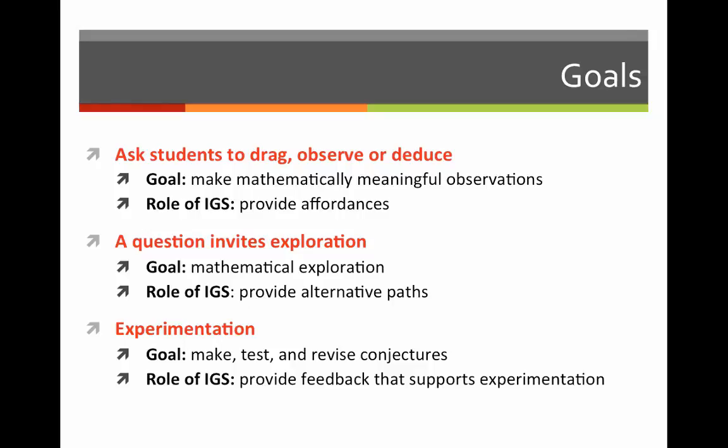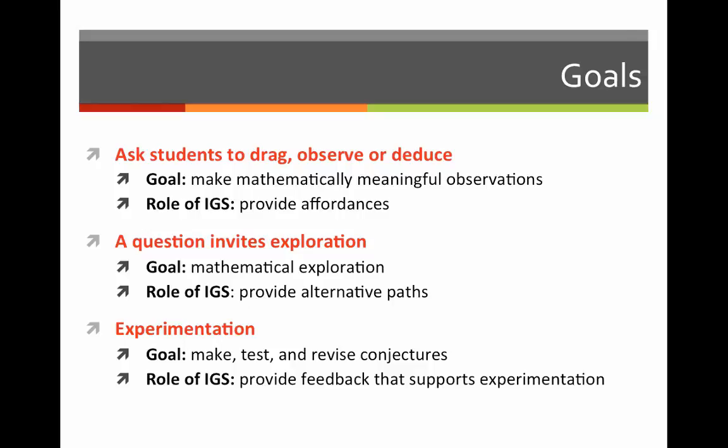So we want students to explore some mathematical concept or idea, and in that case, the IGS has to provide some alternative paths so that they can explore in different ways. There's a certain open-endedness that is necessary for mathematical exploration. And then thirdly, we might want students to make, test, and revise conjectures, which we see associated with experimentation. So again, the role of IGS in this case is to provide feedback that would support that, where students could test their conjectures and then possibly revise them based on the feedback that they're getting from IGS.